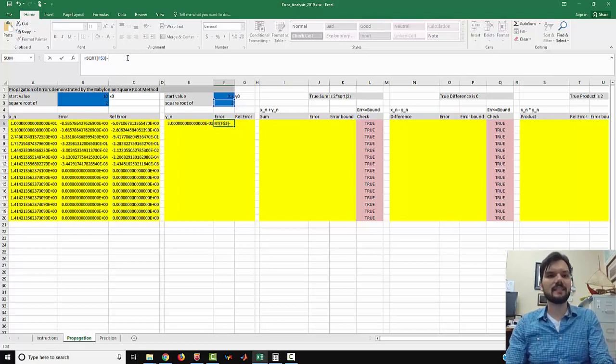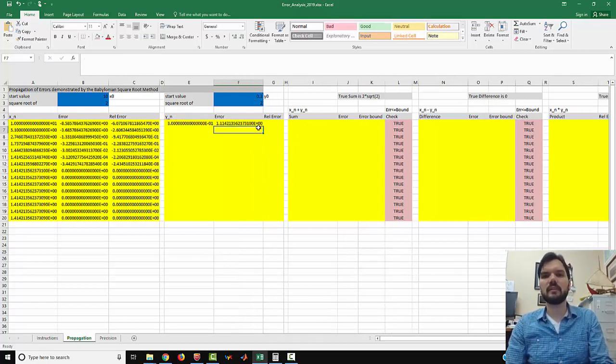True minus the approximate, click, there we go. So I typed in the square root, I clicked on the 2 cell, and then subtracted, clicked on the E6, right? Okay, so there we get my first error.